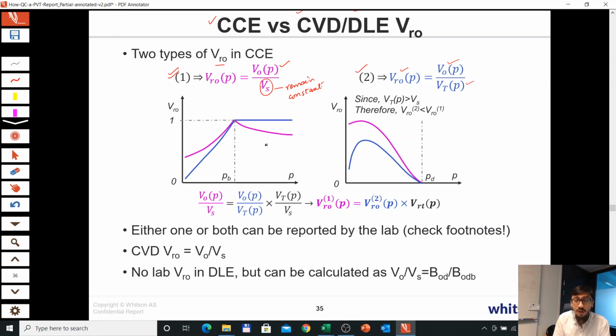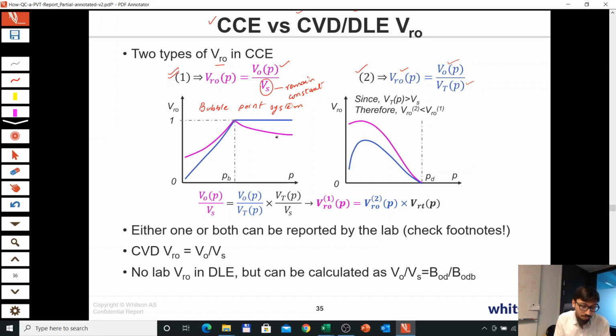Okay, so in these figures, it is just shown how the two types of relative oil volumes may look. This is the case of, for example, a bubble point system, like an oil system. In that case, the second relative oil volume remains at 1. The fraction remains at 1, and then it decreases sharply because the gas compressibility is higher and the gas volume is dominating.